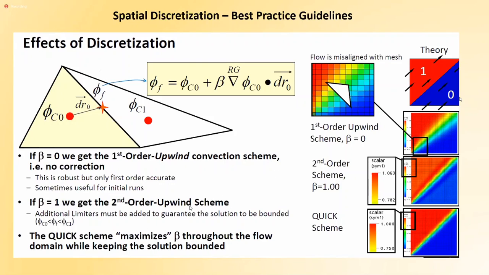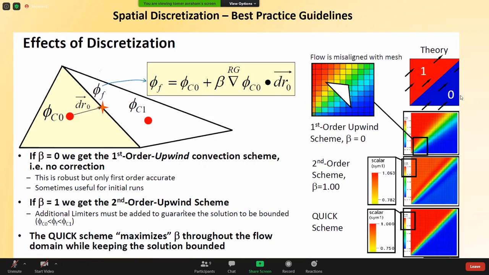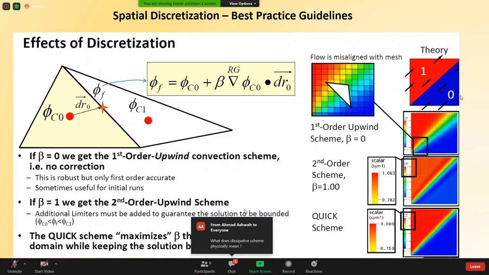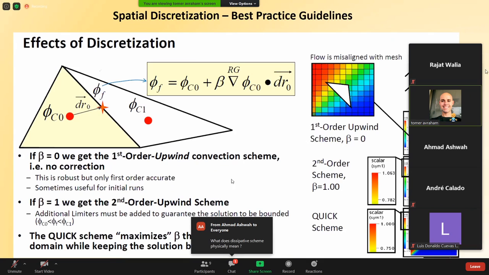The second order upwind scheme, and the whole idea of upwind, is that we get our data from the upstream. That's what Patankar thought makes more sense. That was his incentive for going for the second order upwind. It has some kind of limiter in there.